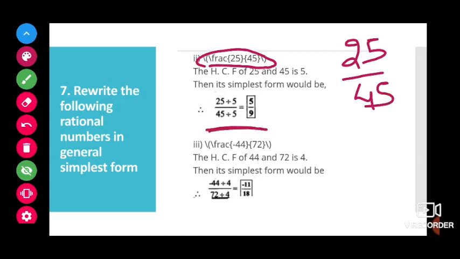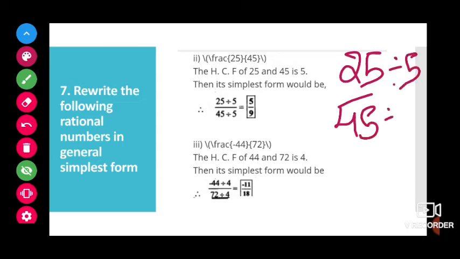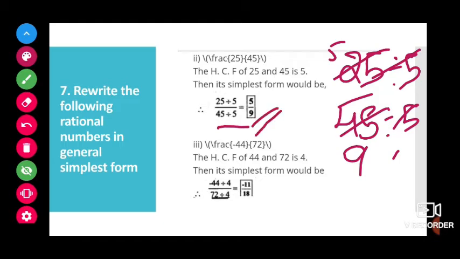Here the common factor of 25 and 45 is 5, isn't it? So both are divided by 5. 25 by 45, divide with 5 and 5. We get 5 1s are 5, 5 9s are 45. We will get 5 by 9.